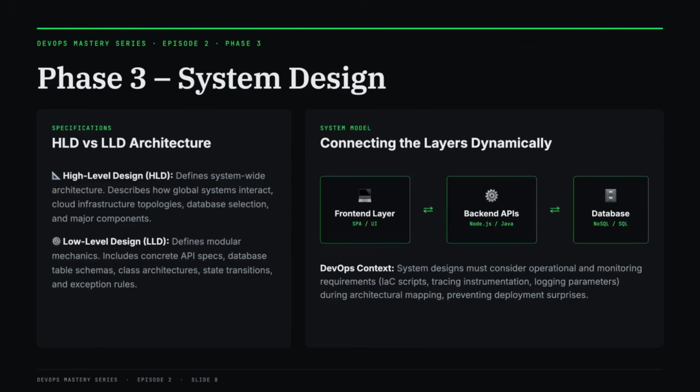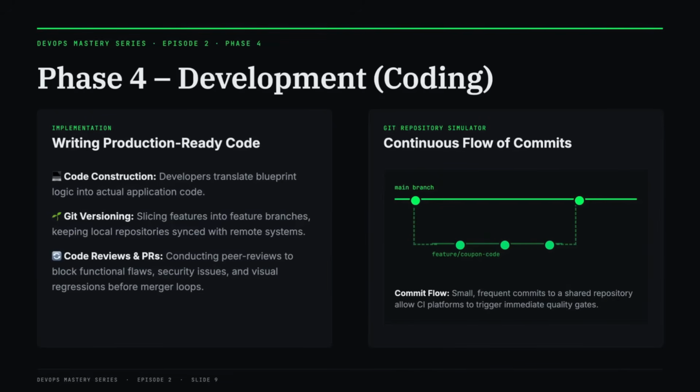So once requirements are all gathered, story pointing or estimation is done, and the high level design or architecture is decided, then we finally move to the development phase. So the developer creates a feature, they use a Git repository, they create branches, they commit their changes, and the changes go to PR reviews.